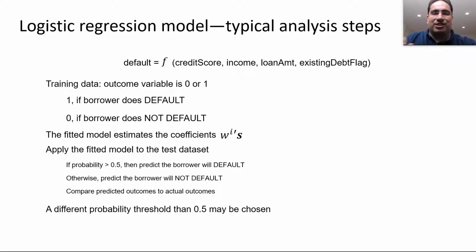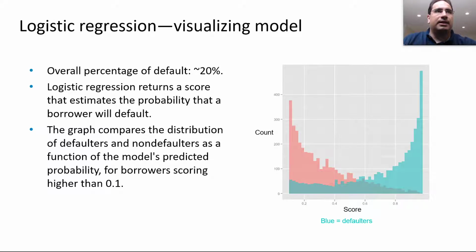You could change this threshold, and a different threshold may actually be chosen. We're going to talk about that later. When you put together the histogram of all these probabilities for different cases and samples, you will get a diagram like this, which is the distribution of the defaulters and non-defaulters.